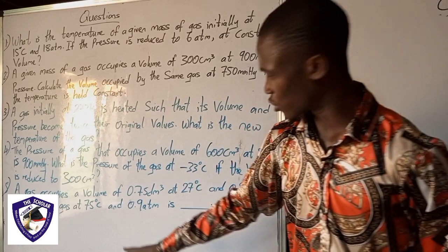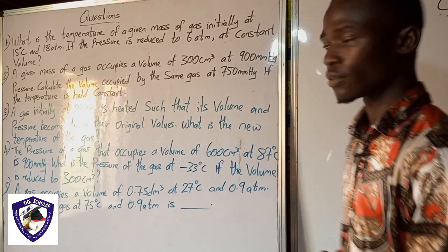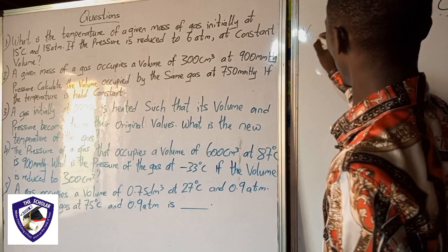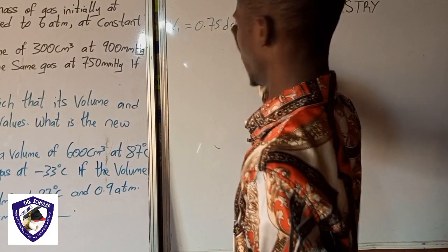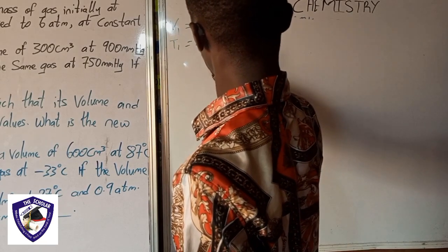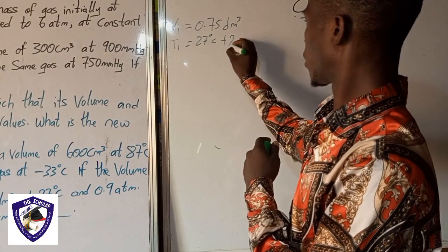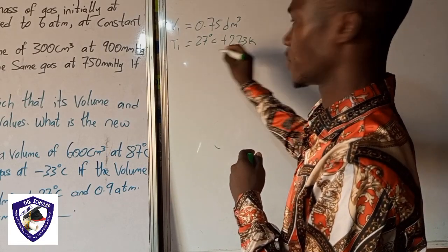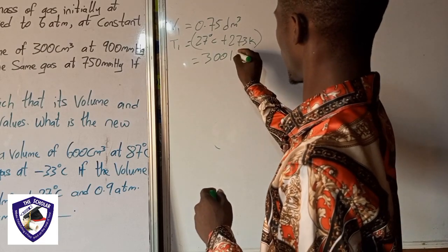I mentioned earlier also that our volume is measured in what? In centimeter cube, in dm cube. Now our volume V1 is equal to what? 0.75 dm cube at 27 degrees Celsius. T1, 27 degrees Celsius. Let's convert that to Kelvin, plus 273 Kelvin, and that is 300 Kelvin, right?